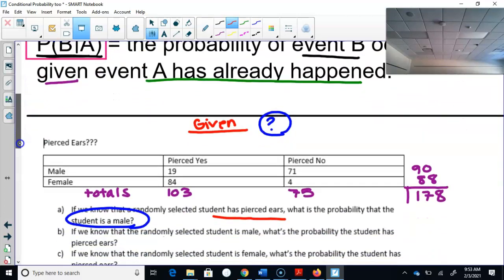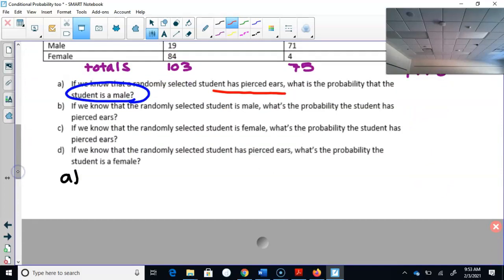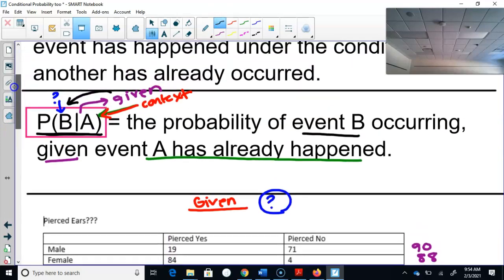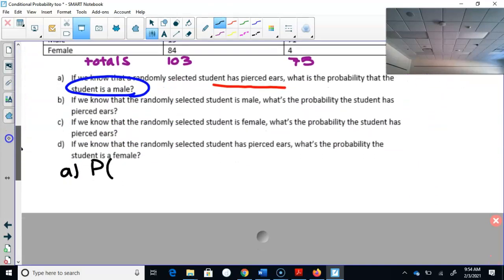So let's go ahead and write the notation out first. What is the probability? The question goes first. Look up here, B is the question. So what is the probability the student is male, given they have pierced ears?